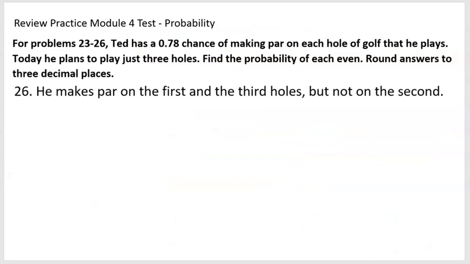And then the last problem, which to me, the way I've been doing these others, this one's probably easier. He makes par on the first and the third holes, but not on the second one. So if he makes par on the first hole, that's 0.78. If he doesn't make par on the second hole, that's 0.22. And then he makes par on the third hole, that's 0.78.